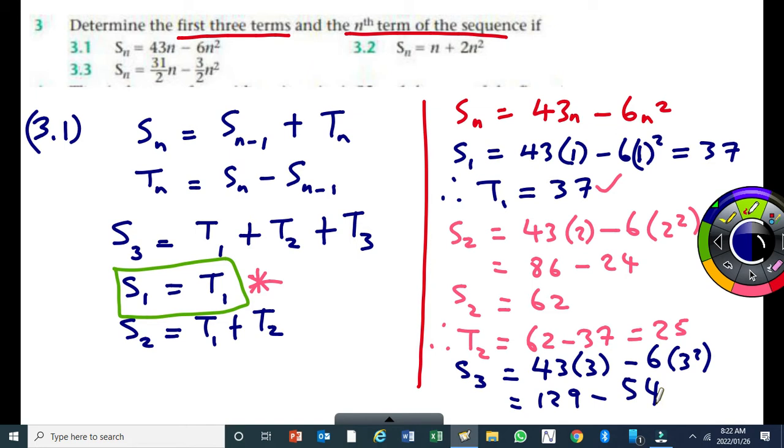If you do a subtraction there, you will get 75. So this gives you 75. The 25 is the second term.